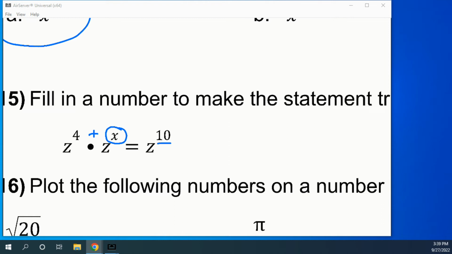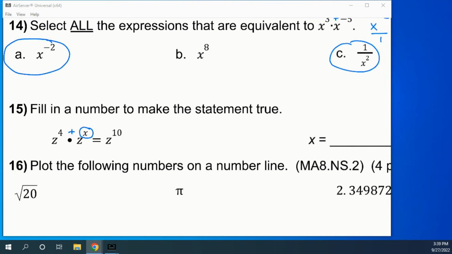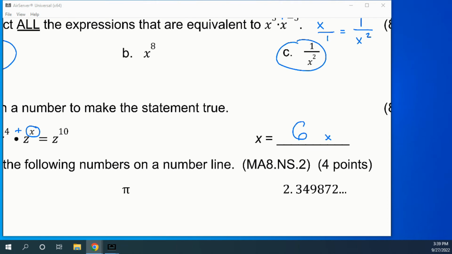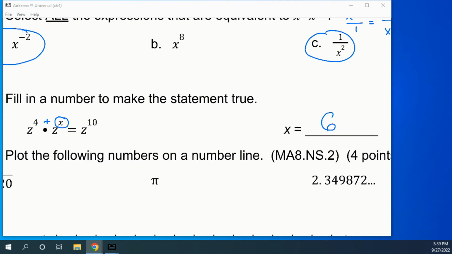So 4 plus what gets us 10, and that is going to be 6. So we will put 6 in there for that variable x. Okay, so there we go. Or if you want, you could write it like this. I mean, it does say x equals, so let's do that. But on a test, if you write like z to the 6th power, I would count that as well. That's correct.